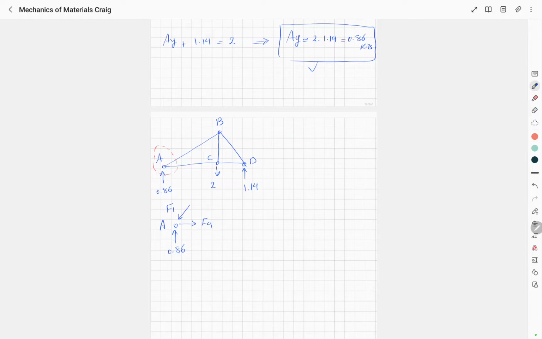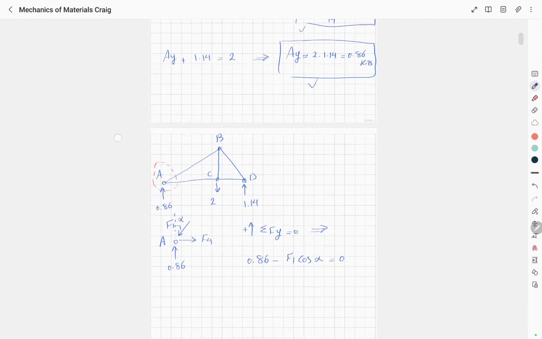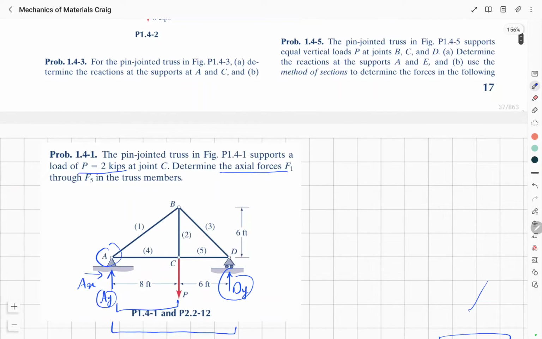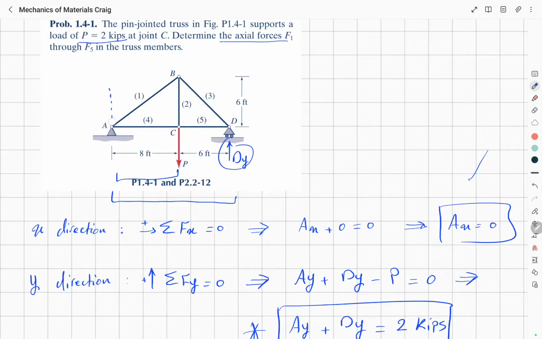So if we write the equations of equilibrium for this joint, we will have sigma Fy is equal to 0 in this direction. We will have 0.86 minus F1 cosine of alpha is equal to 0, and this is our alpha.